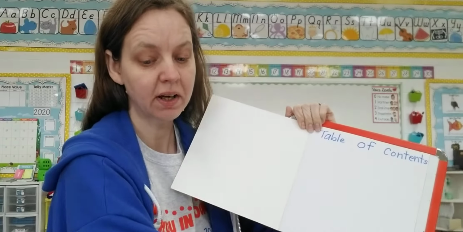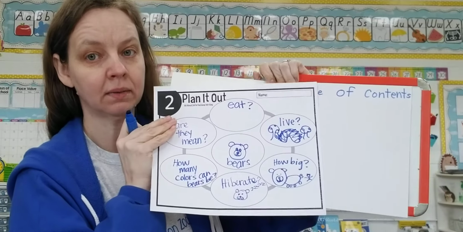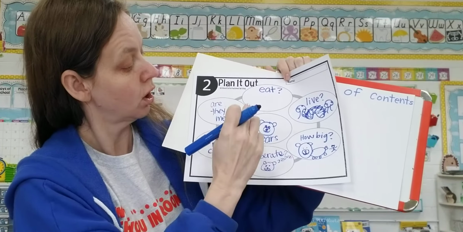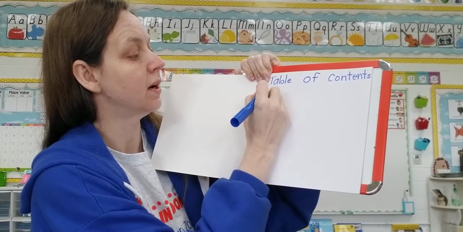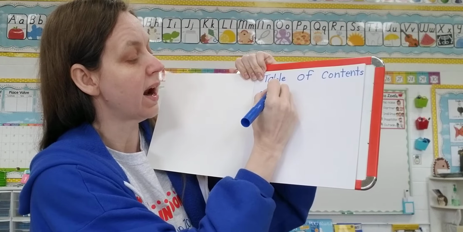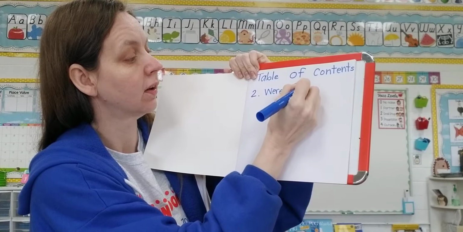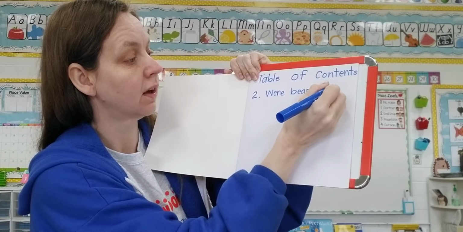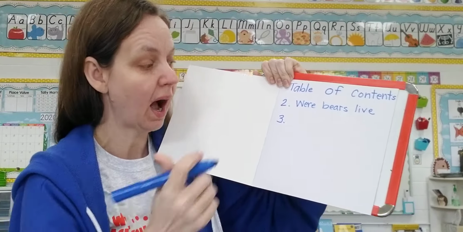And then I'm going to look at my pages and I'm going to see what I wrote. So I'm looking back at my plan. And on page 2, I wrote about where do they live. So I'm going to put 2, where bears live. And then on page 3, I wrote about how big are they.